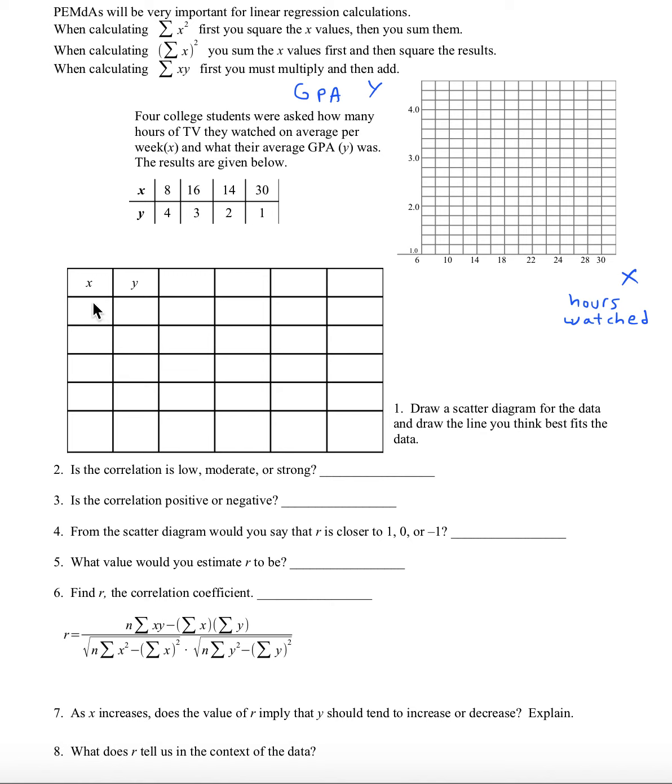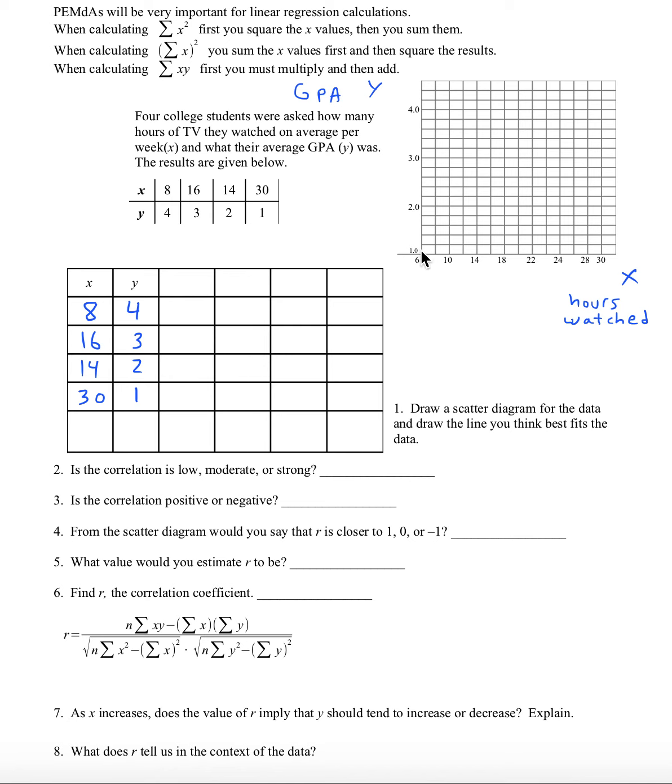First, I'll just transfer them over to this vertically oriented table. The 8 and the 4 have to go together because they're a pair. Let's see, 16 goes with 3, 14 goes with 2, and 30 goes with 1.